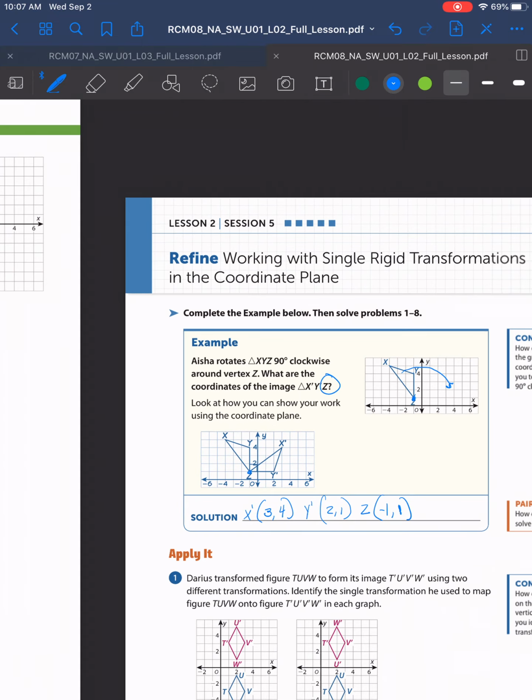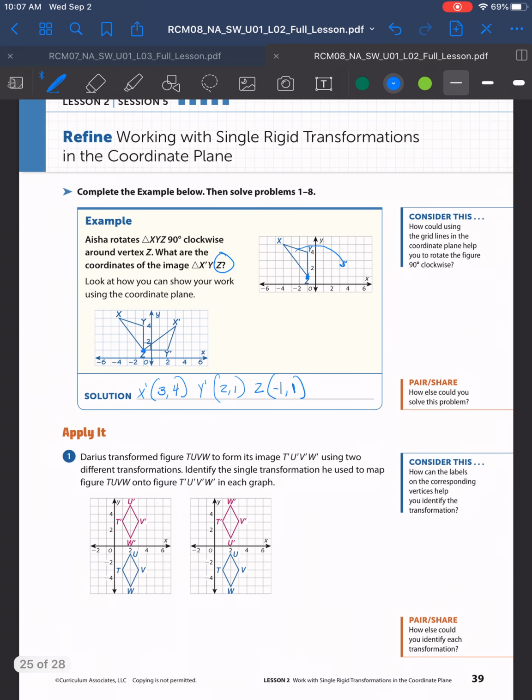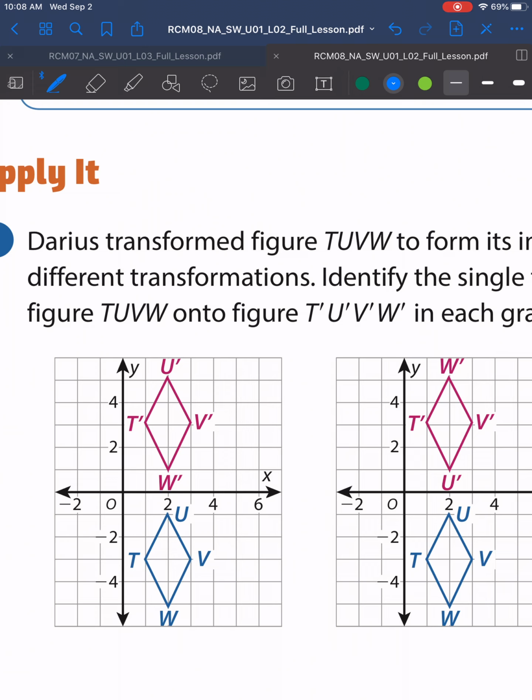Okay? All right. Let's go ahead and do number 1. Darius transformed TUVW to form its image T'U'V'W' using 2 different transformations. Identify the single transformation he used for each of these. Okay, so let's look. I'm looking at the first one, and it honestly looks like he just translated it up here.